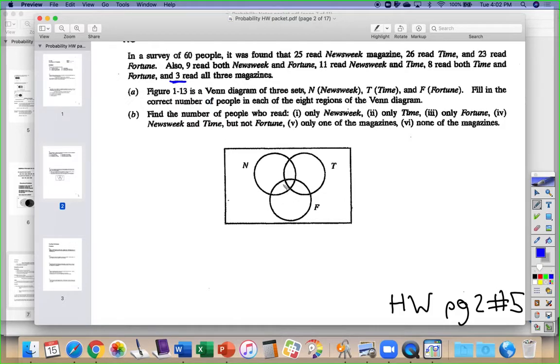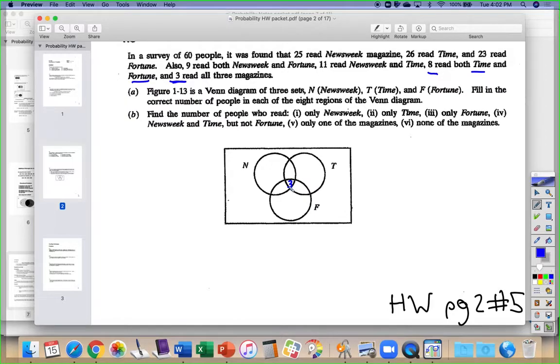You start with the middle. 3 goes in that middle. Because now you have to think those 3 are already part of every other piece of these circles. So you can't count someone twice. What does that mean? It means if 8 read Time and Fortune, well, Time overlaps with Fortune, this big space. 3 people are already in that space.